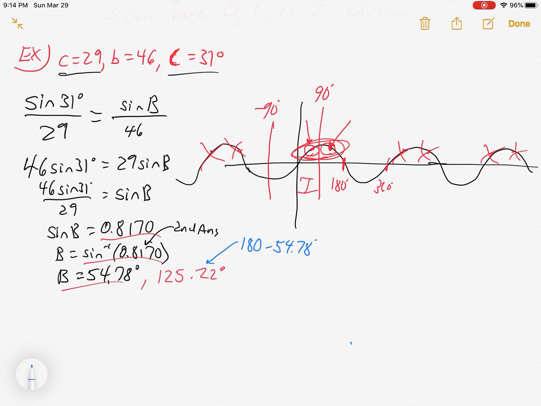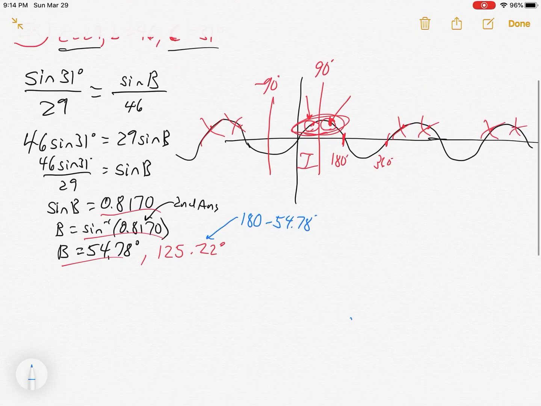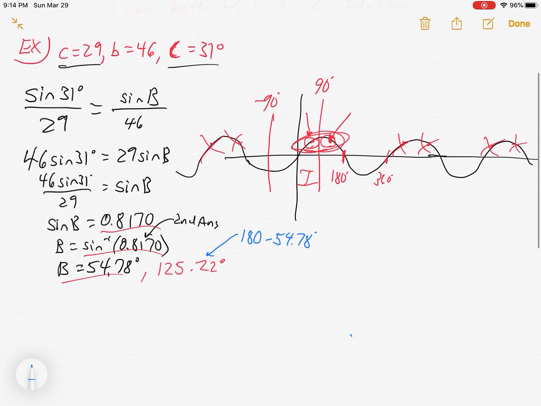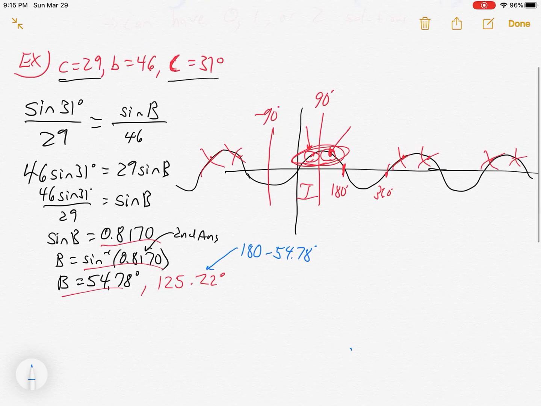And this is really hard to teach in this format. This is the thing that makes this section hard. This is going to have 2 solutions. I can tell right away, because what you're going to do is think, this angle here, is it possible to have a triangle with a 125.22 degree angle? Yes. But the key thing you have to look at is this angle up here. You see what I'm looking at?